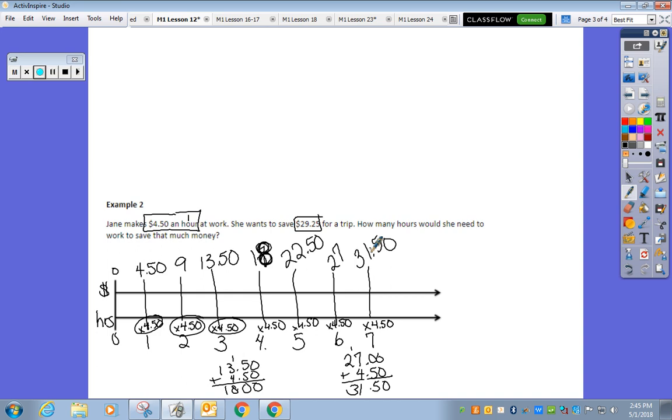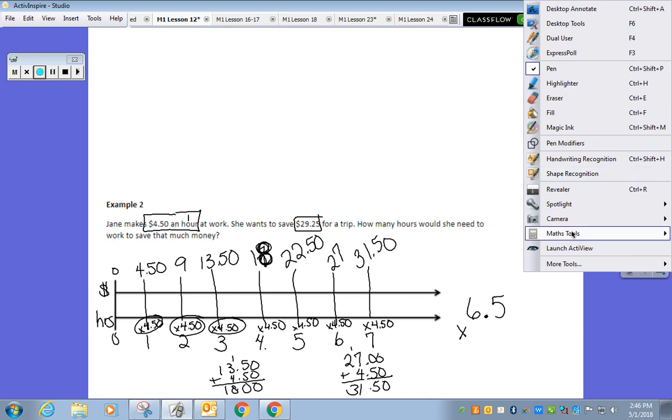So I know that I'm multiplying by 4.50. Something you can do here is work in between. Halfway between 6 and 7 is 6.5 hours. So maybe I can multiply that by the 4.50, and I'm going to take out my math tools here, calculator.